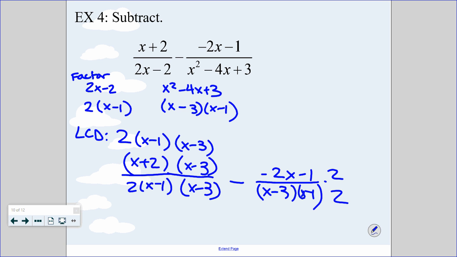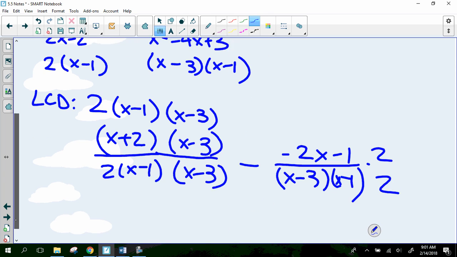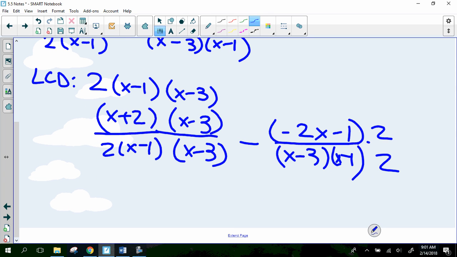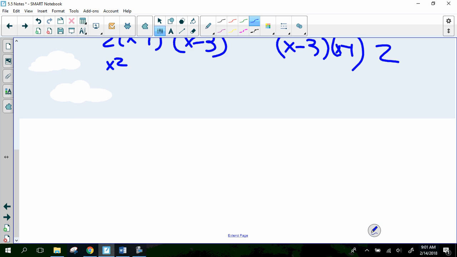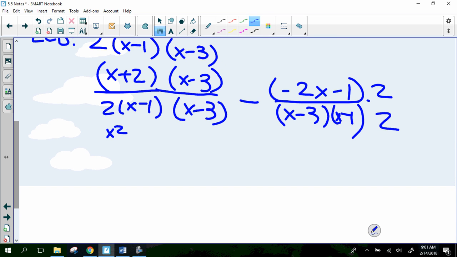What I would suggest is to multiply these things out first before you try to combine. This one you're distributing using FOIL, and then the other one just distributing the 2. So we have an x squared minus 3x plus 2x, so that's going to give me a minus x minus 6.